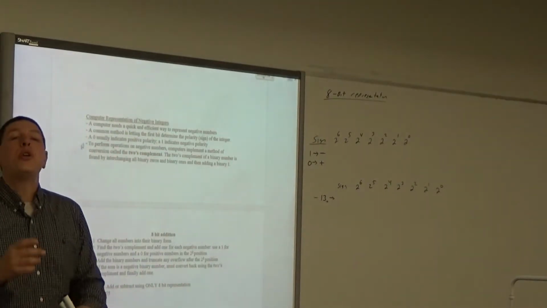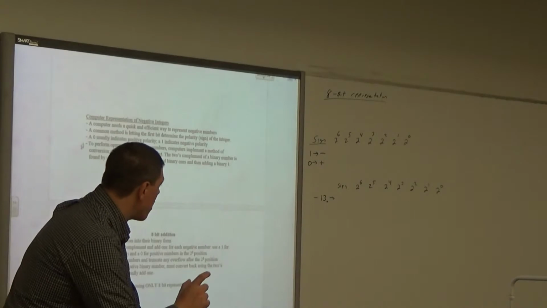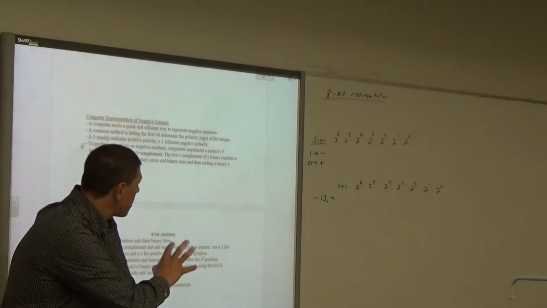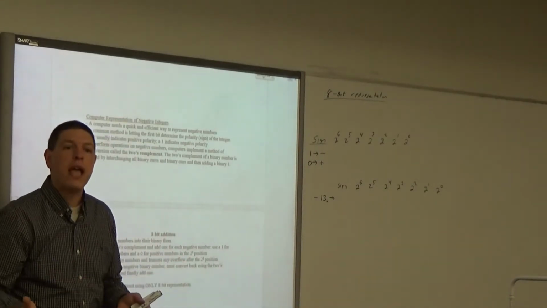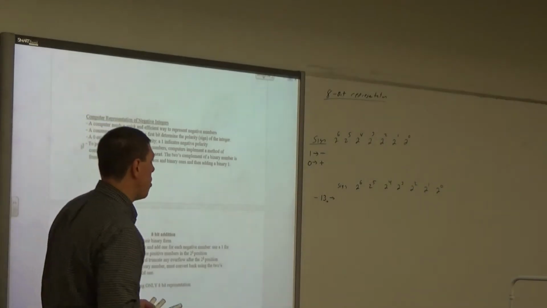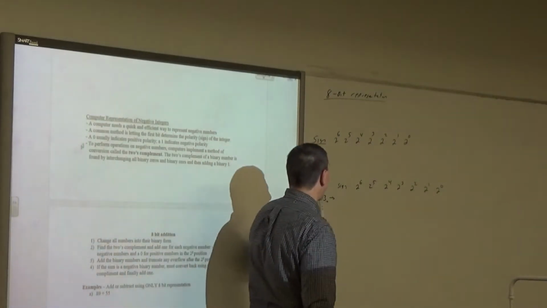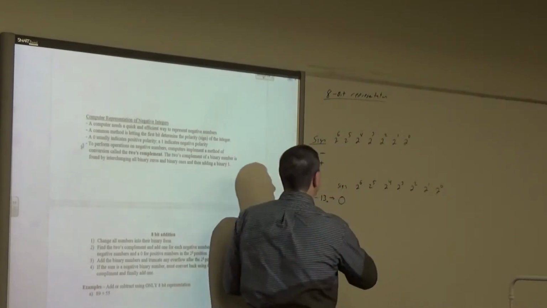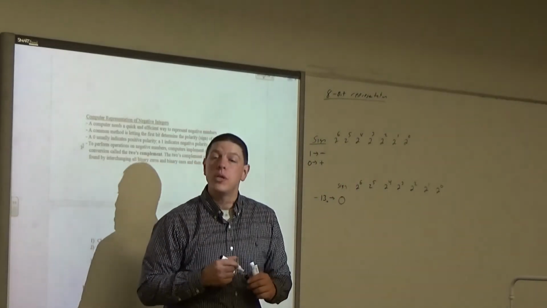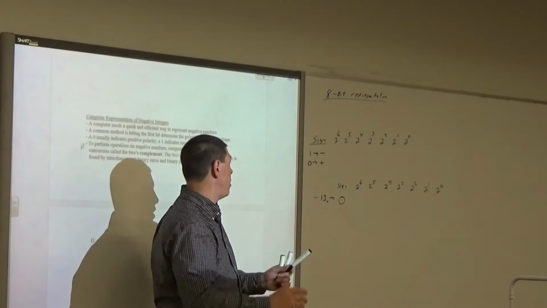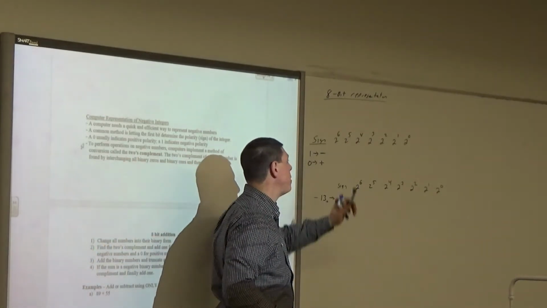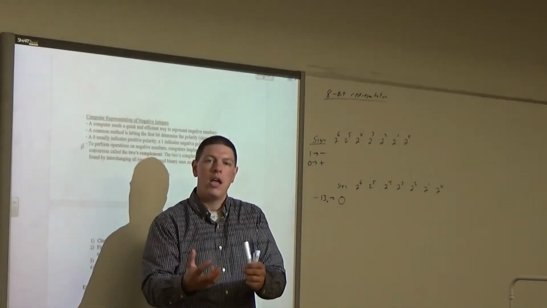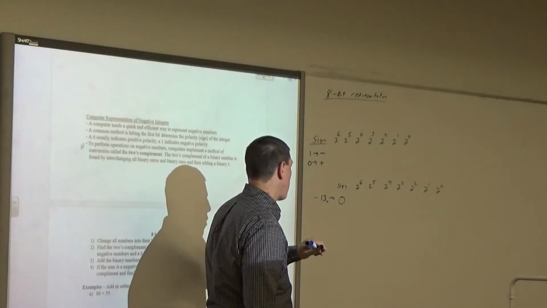Now, a computer can't decipher whether the number is positive or negative unless it looks at the sign bit. So here's what the computer is going to do. If it wants to convert it into binary, it's going to start by leaving the sign as 0, even though it's negative. I know what you're thinking: if it's negative, it should be a 1. But when it reads it in, it's going to read it in as a 0.